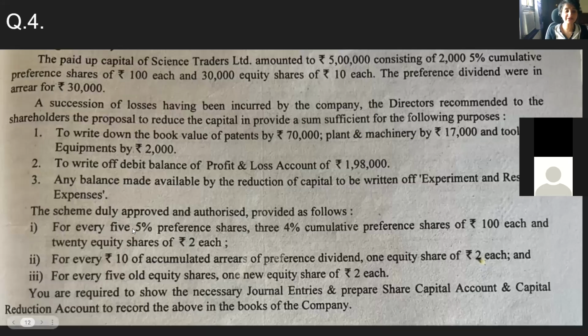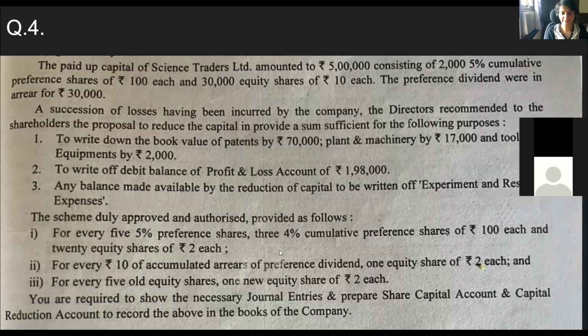For every 5% preference shares, 4% cumulative shares of rupees 100 each, and 20 equity shares of rupees 2 each were issued. So this is the situation. For every 5 preference shares, 3 cumulative shares, 4% cumulative shares, and 20 equity shares. Okay.